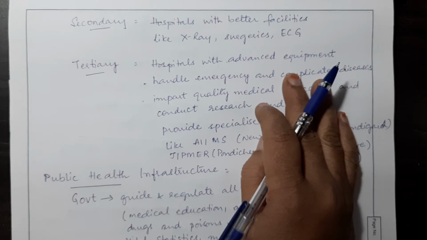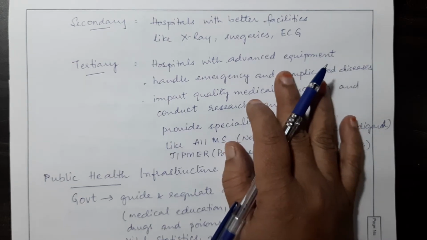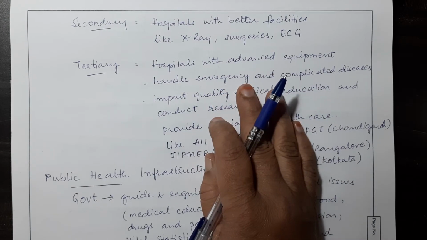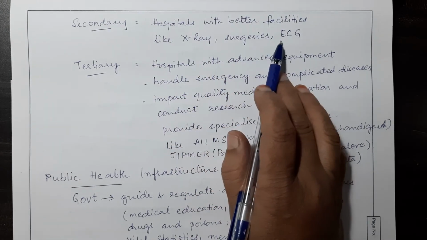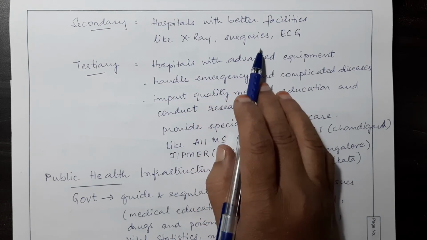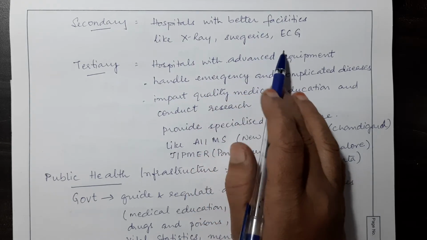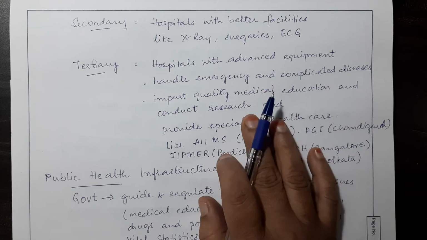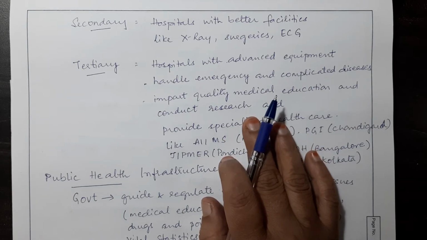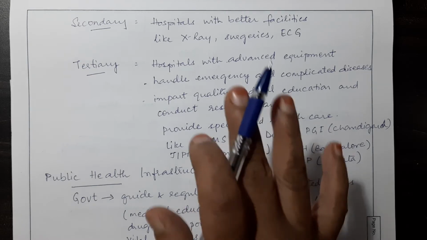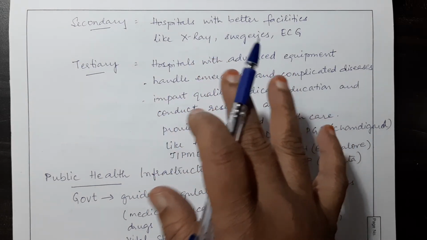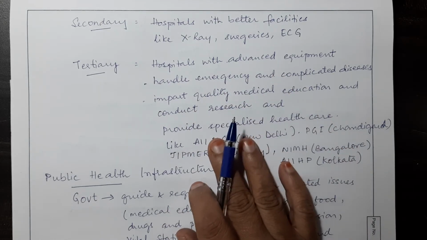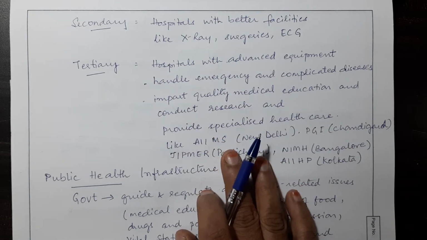Certain health issues cannot be treated in the primary health center, so they are referred to secondary health centers, which consist of better facilities like the X-rays, surgeries, or the ECGs and advanced medical tests, which generally are found in big towns and district headquarters. These not only function as primary health care providers but also provide better healthcare facilities.